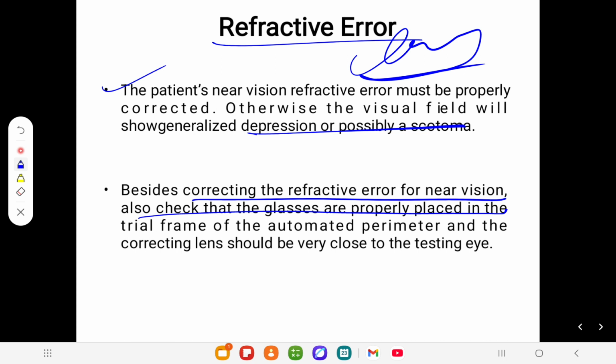So it's very important that you place the correcting lens close to the patient without touching their eyelashes, otherwise, if there is some mismatch, you will create a visual field defect. It's very, very important.